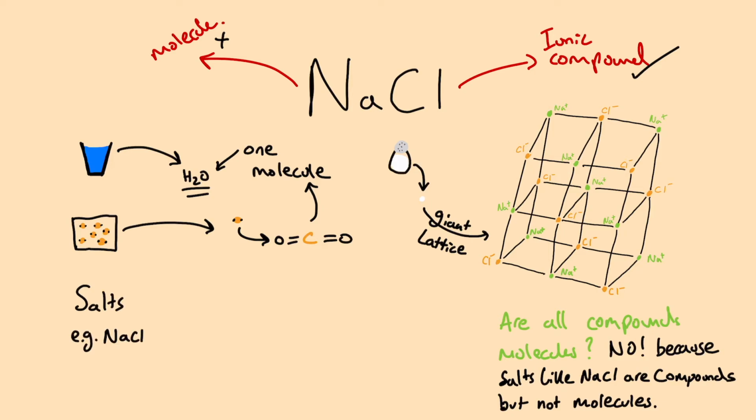And that's why we don't consider NaCl a molecule. The reason we write NaCl is just to show the ratio of sodium ions to chloride ions, which is 1:1. And that's a different way of thinking about why we don't consider sodium chloride a molecule.